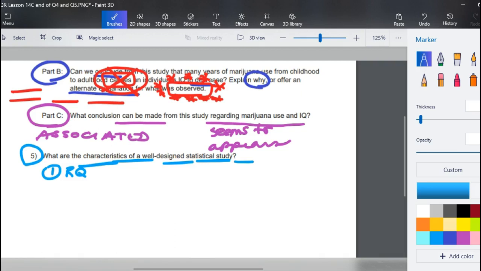We also need to decide, if you're doing a study, are you going to do an observational study or experimental study? Which one are you going to do? My dissertation was observational. I did not do an experiment. I looked at students in our Math 0310 class, and I looked at the data, not even the students.